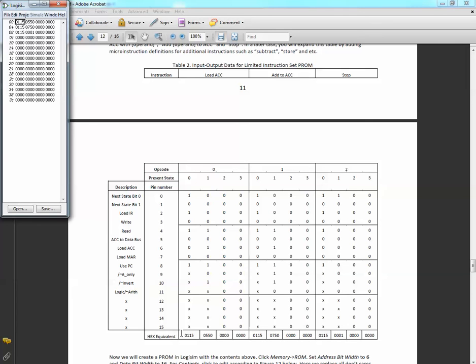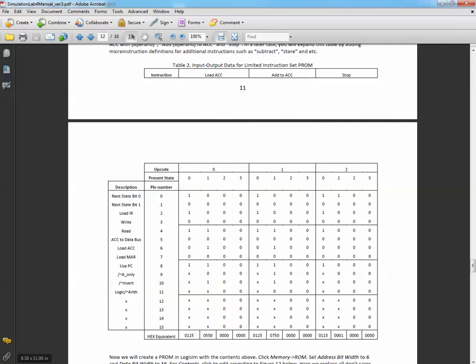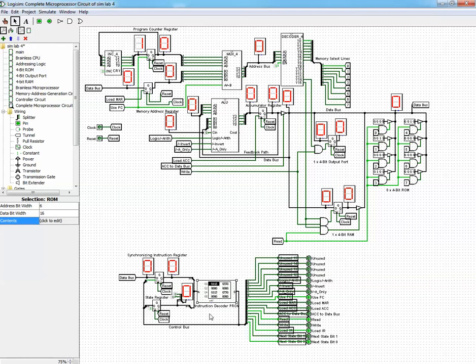Again, 0115, 0750, and then 0000, then 0115, 0011, 0001, and the remaining are zeros. So this is basically the storage, what we have stored here. And let's start to click the clock.